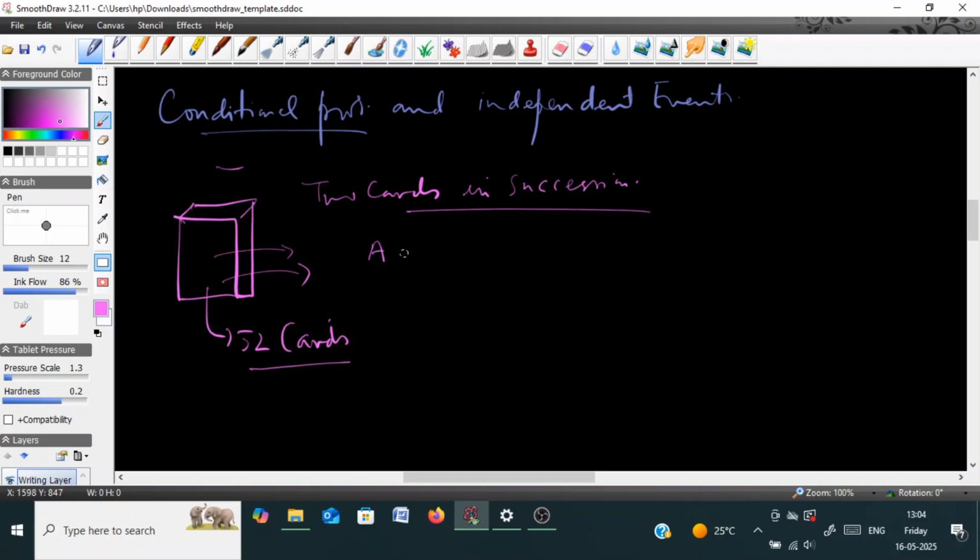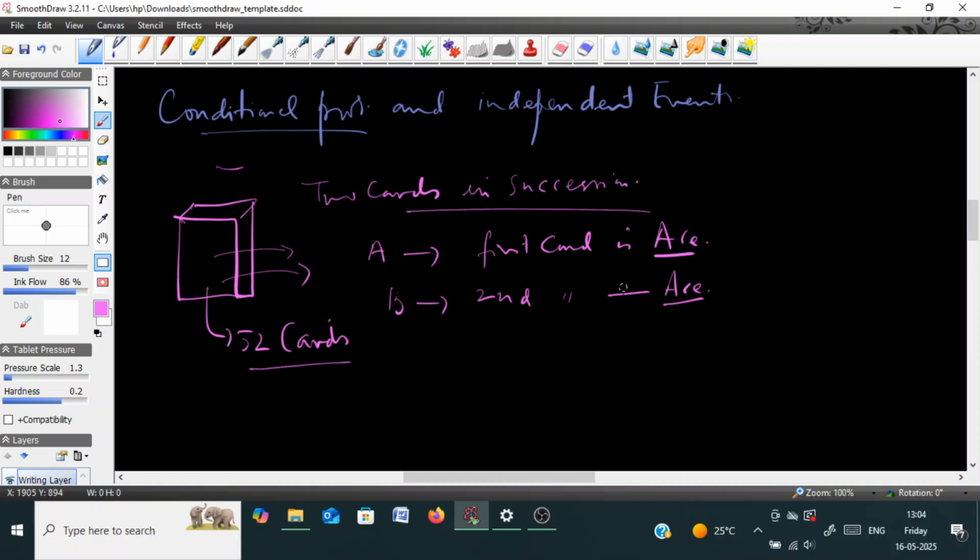So let us define A as the event that the first card drawn is an ace. And if you don't replace the first card drawn during the first try, let B be the event that the second card drawn is also an ace.